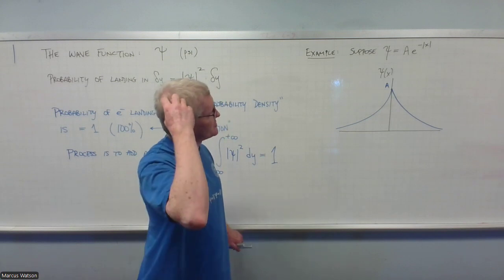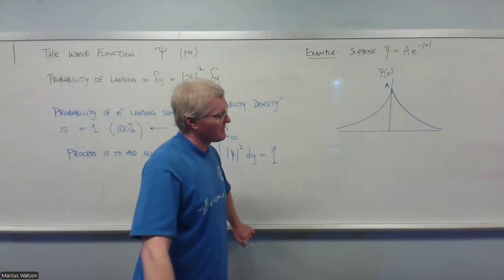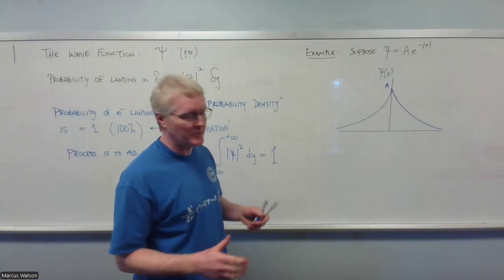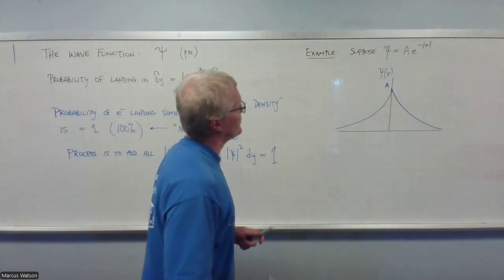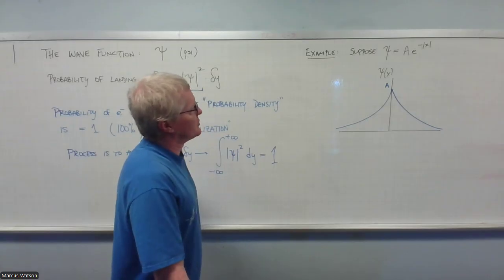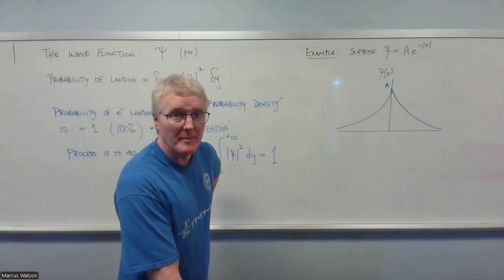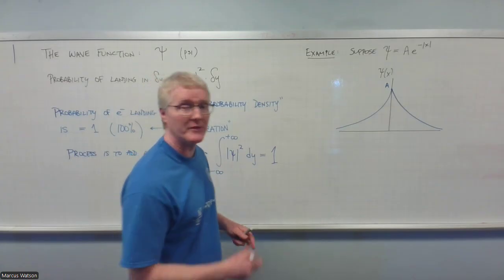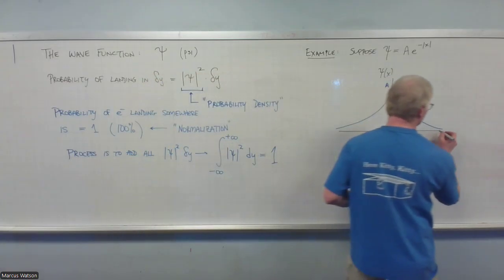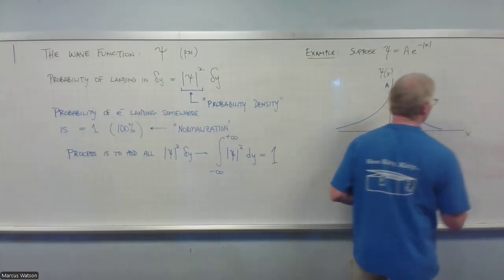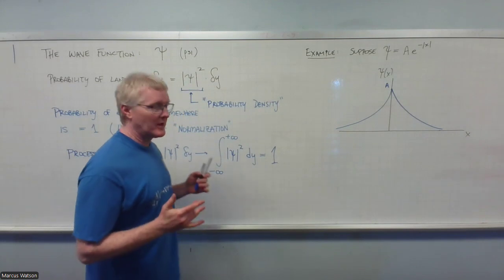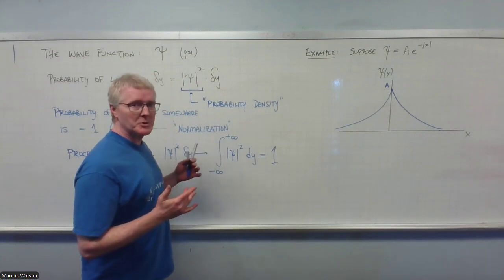So if I were to try and integrate that, well, actually, let me step back before we do that. Suppose I want to know how I would find the probability of the electron being at a certain point on the axis. Sorry, I didn't label the axis here. There. How would I find the probability of locating the electron at a certain point?